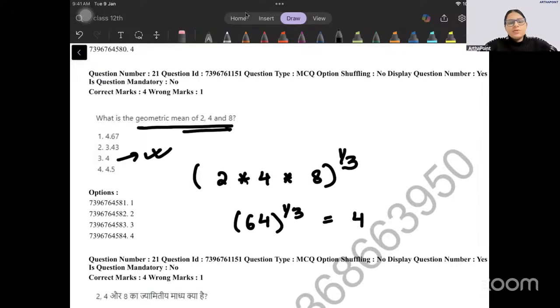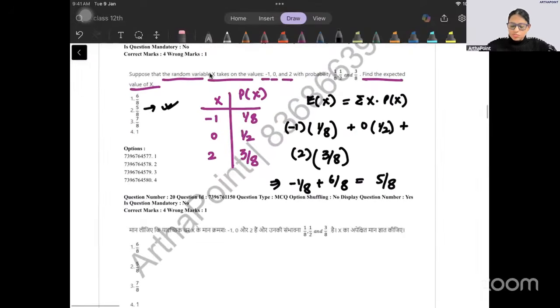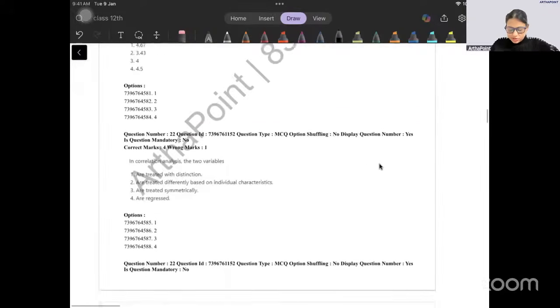So answer will be 4. That means option number 3. ठीक है, next question पे आते हैं.